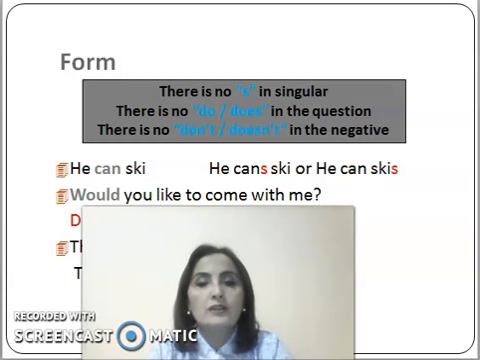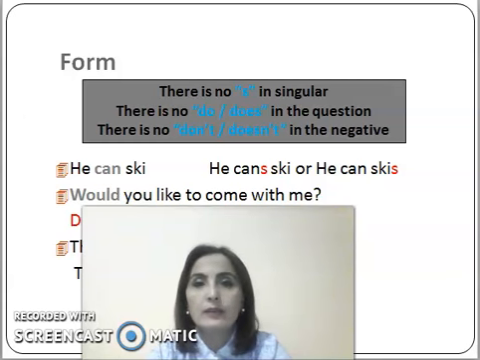Would you like to come with me? Here in an interrogative sentence, we put the modal verb in front of the subject. We never say, "Do you would like to come with me?" They can't be serious. This is a correct form, and we never say they don't can be serious. It's incorrect.